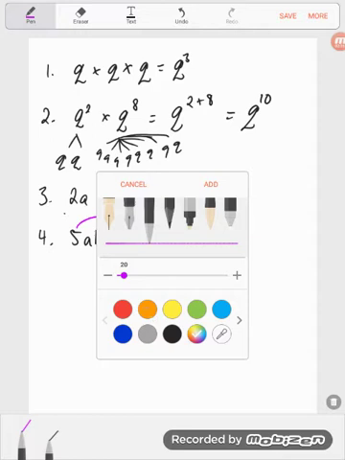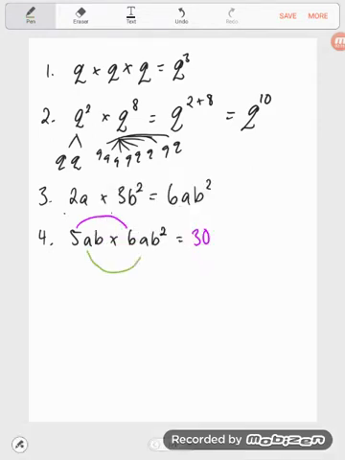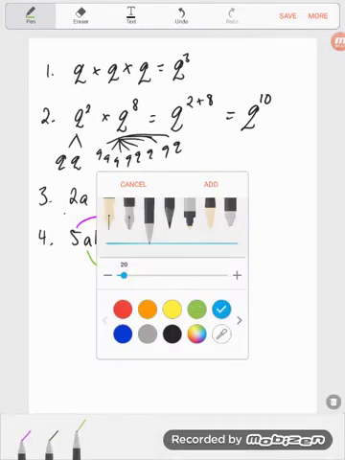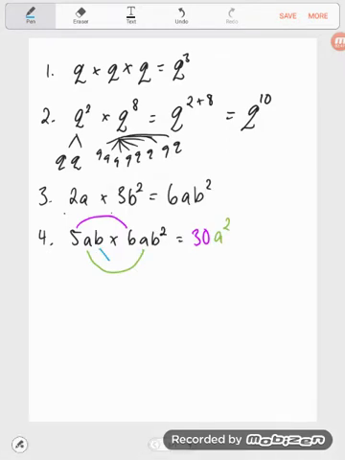Then we do a times a, which is a squared. And then we go to b times b squared. So we essentially have 3 b's, so it's b to the power of 3. Okay, so that is what's involved in multiplying powers.